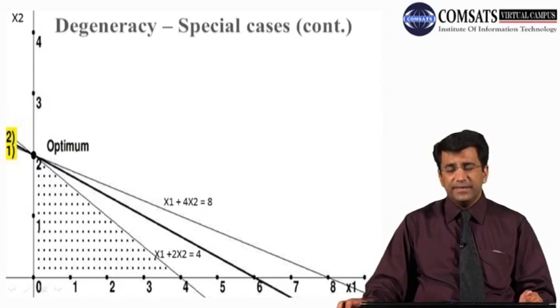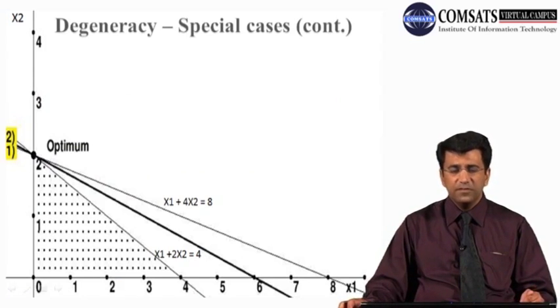Now class, let's take this view of the degeneracy problem from another perspective. Again, if we recall our objective function, we have some objective function, then we have two constraints in this particular case.